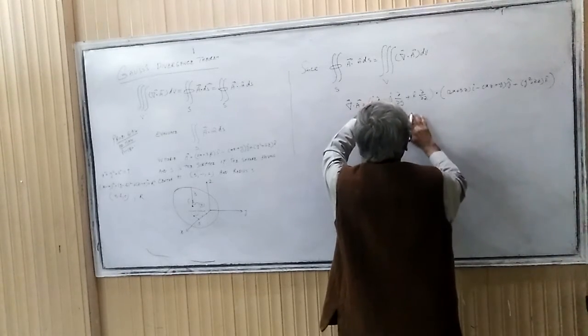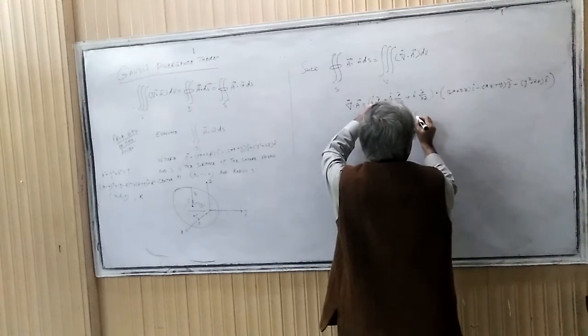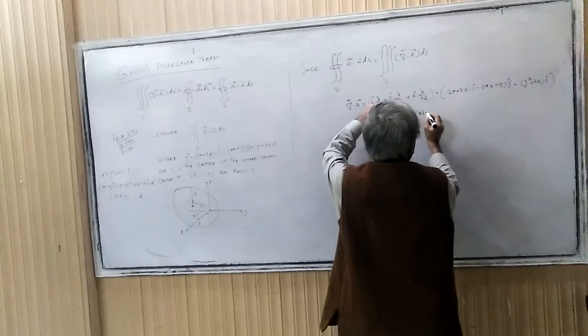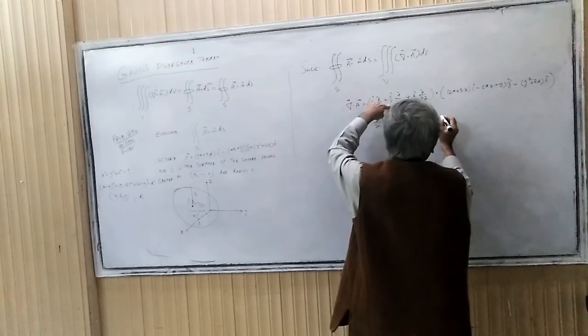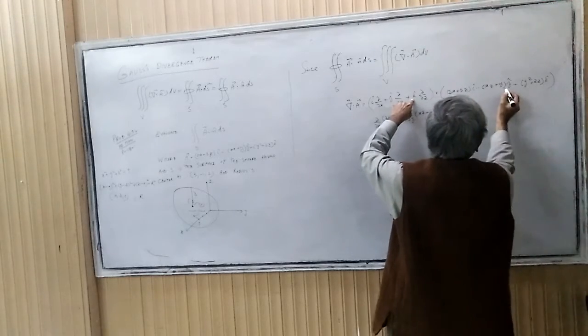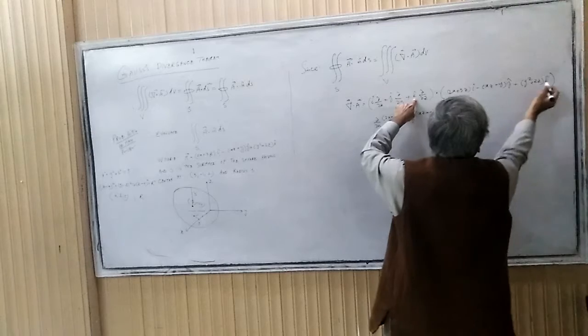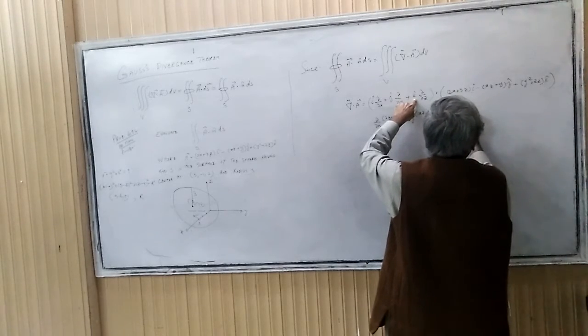So j dot j is 1, so delta over delta y of (xz plus y), plus k dot i 0, k dot j 0, delta over delta z, k dot k 1, of (y square plus 2z).